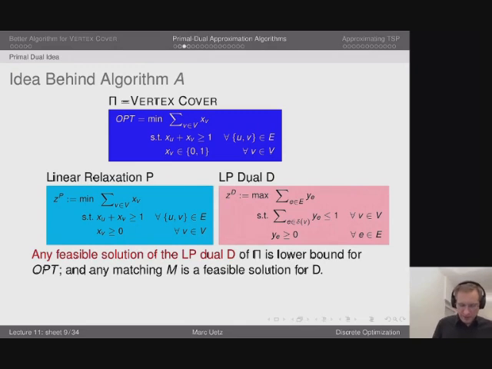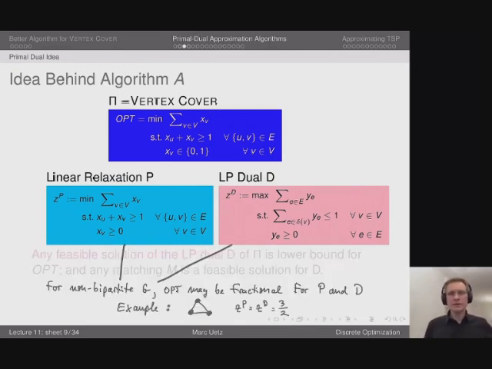But for non-bipartite graphs, this is not necessarily true, because if you think about this little triangle graph here, we have optimal solution values achieved when all the vertices are selected with a value 1/2 in this LP relaxation, giving an optimum solution value of 3/2. And in the dual also we would select all the edges with value 1/2, giving the same objective function value 3/2, but then it does not correspond to a feasible solution to the vertex cover problem.